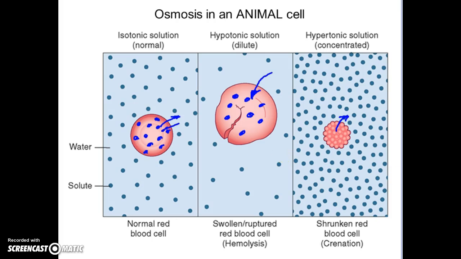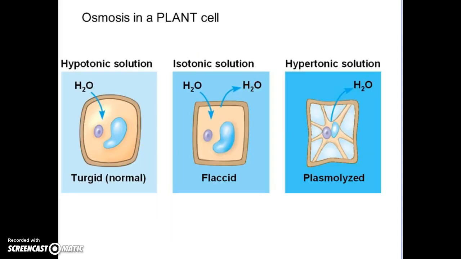And then let's take a look at the plant cell. Because the plant cell has a cell wall, the ramifications for different solutions are a little bit different for a plant cell. So if we look, the solution is hypotonic. That means there's more stuff inside the cell than there is outside the cell. The water will move in and it'll just sort of puff up the cell, which is good.